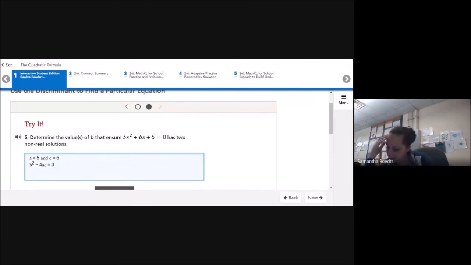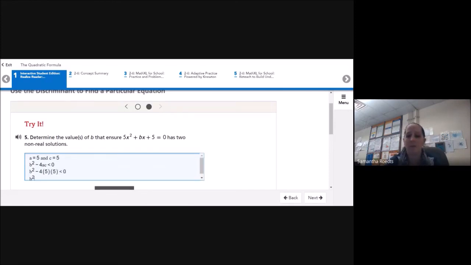Two of them, in fact. Okay, so I want this to be less than 0. So b squared minus 4 times 5 times 5 is less than 0.